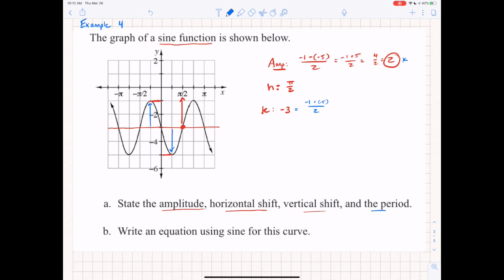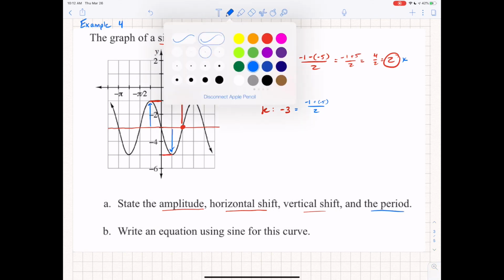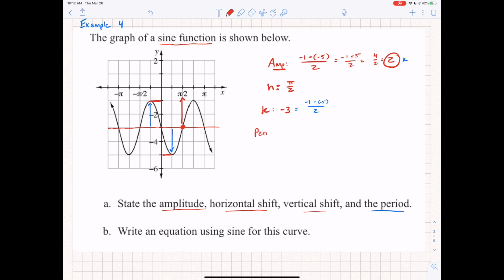All right, state the period. So the period is the length for one complete cycle. Well, we can do max to max. We can do middle to middle. We can do min to min. It really doesn't matter.